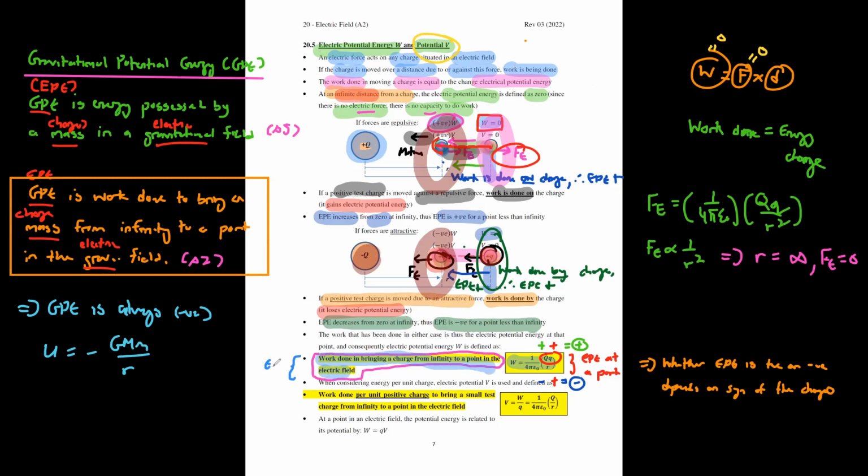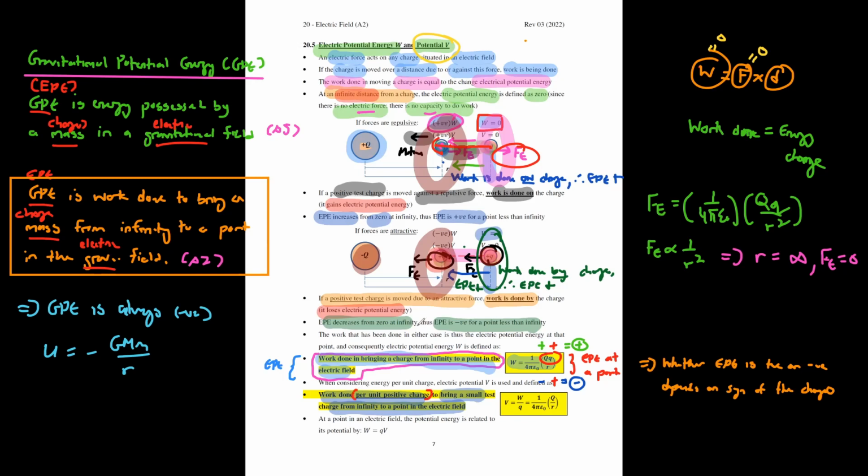When you're talking about potential, potential is defined as the work done per unit positive charge to bring a small test charge from infinity to a point in the electric field. So the only difference here is this term: per unit positive charge.